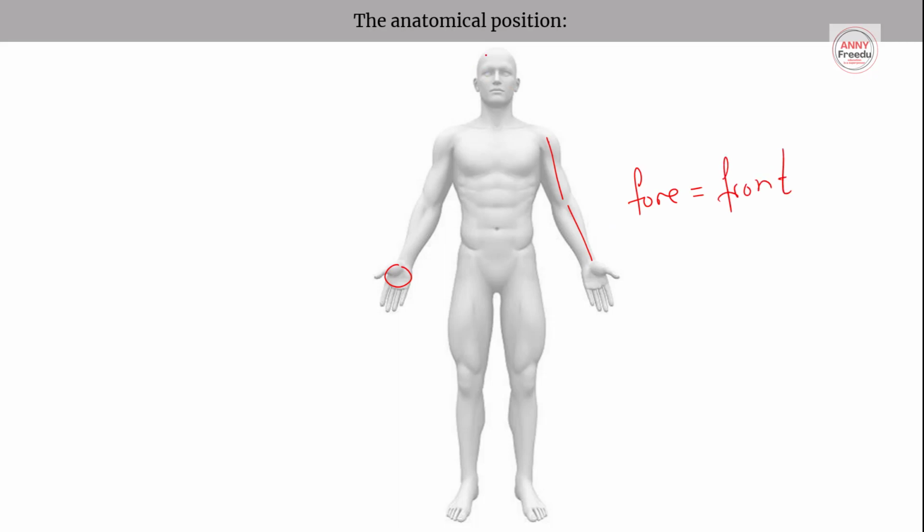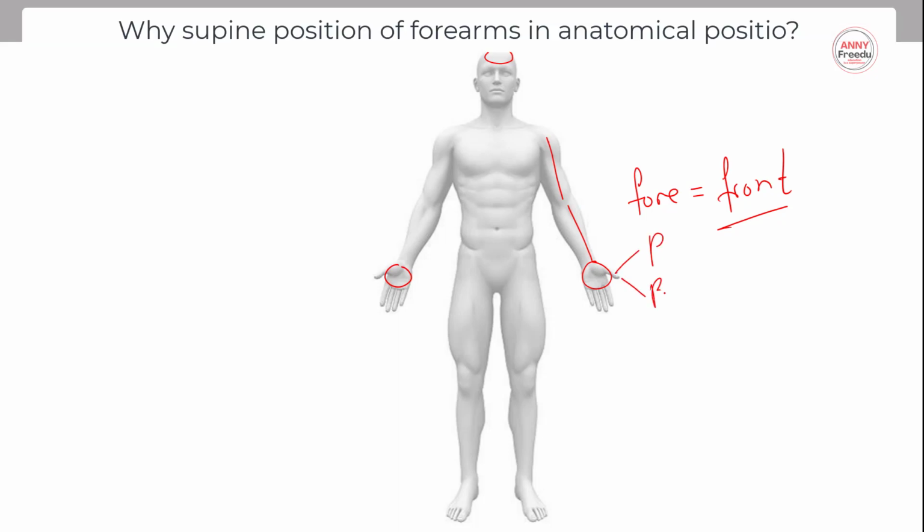That's why we call this part of a head forehead, which represents the front part of a head. And the forearm continues into a hand, which has 2 surfaces: palm surface and back surface. One more time, I'm explaining why we use palms to face us in anatomical position.